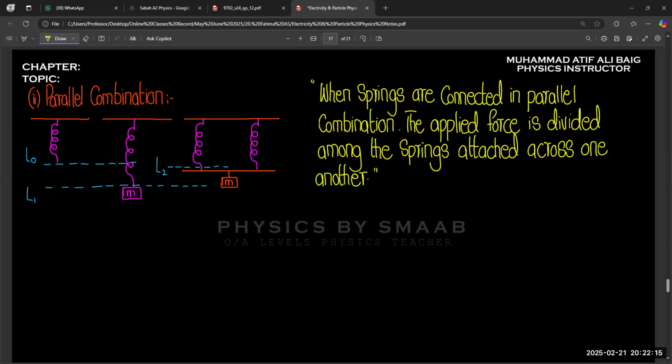So this is the concept we got from this parallel combination idea. And in other words, we can say this time both springs, or springs in parallel combination, act like a strong spring.